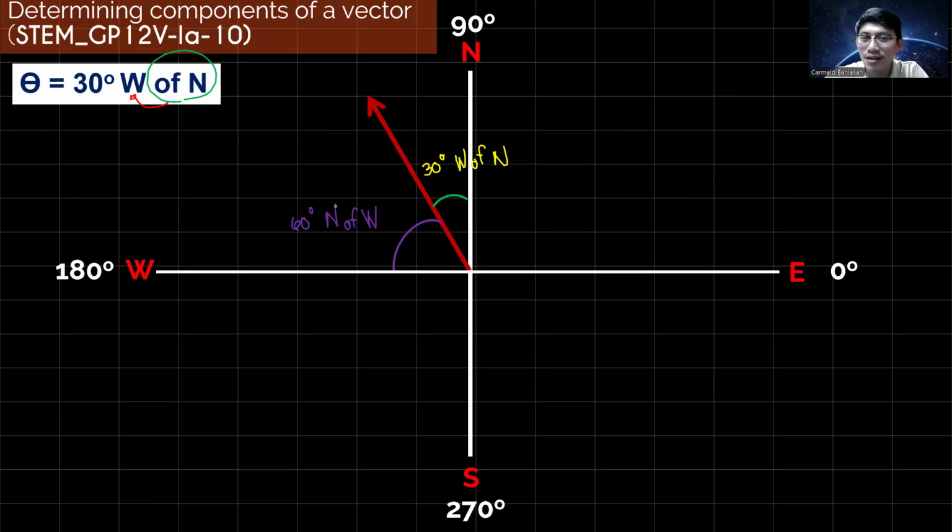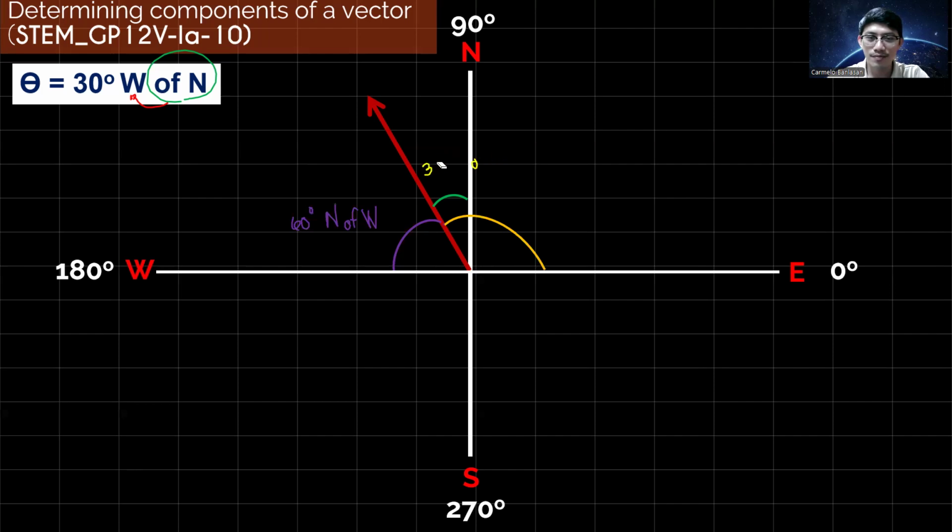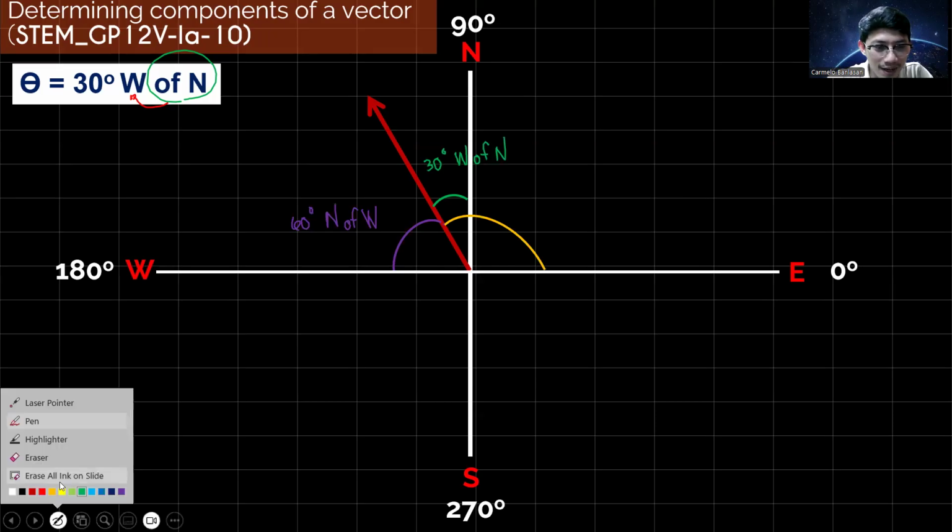Now, if we are going to determine the standard angle, again, the standard angle is from 0 until here. So what will be our theta? Let me erase this first. This is 30 degrees again, 30 degrees west of north. So if that is 30 degrees, what do you think is the value of our standard angle?